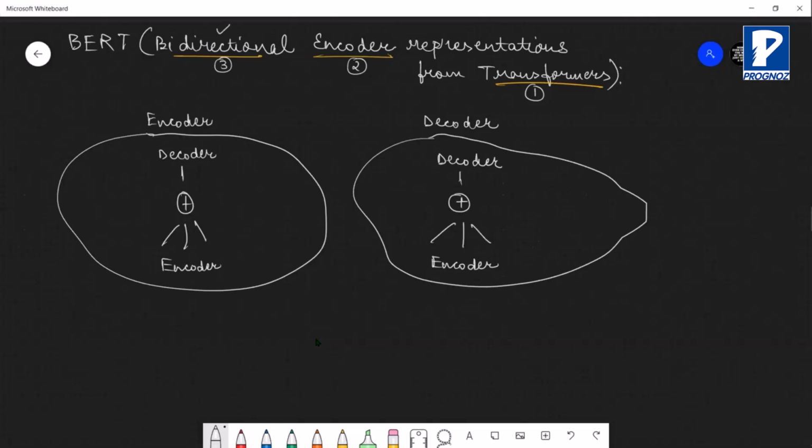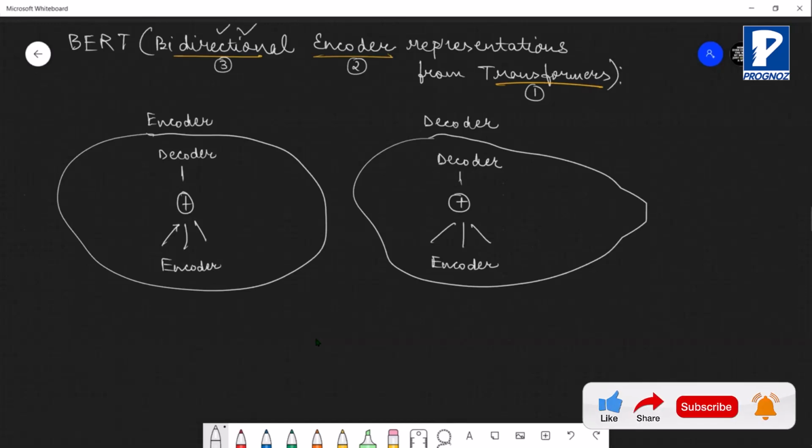Now comes the important part, which is bidirectional. When we say bidirectional, what does it mean? If I make a superficial diagram of BERT, this is it.